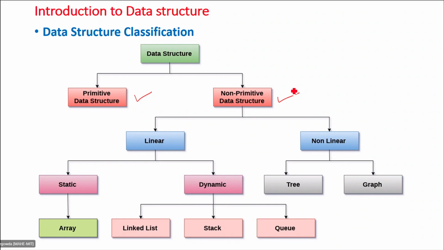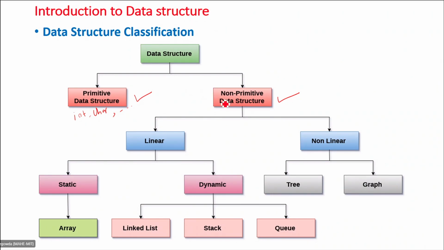The primitive data structures are the primitive data types which we have discussed. They are int, char, float, double, and pointer. These are examples of primitive data structures. Primitive data structures can hold only single values.